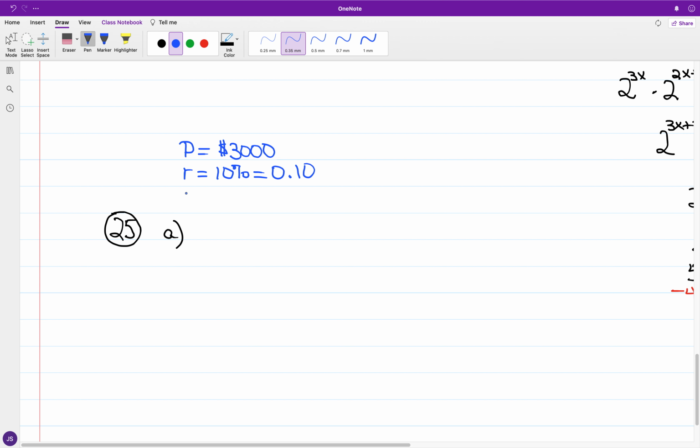The time span is going to be 6 years. Now for part A, N is equal to 12, since we are looking at monthly compounding.